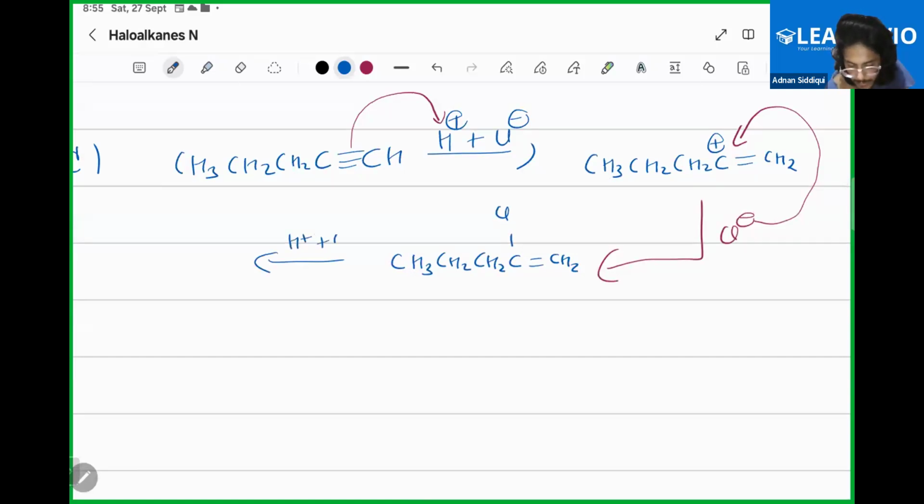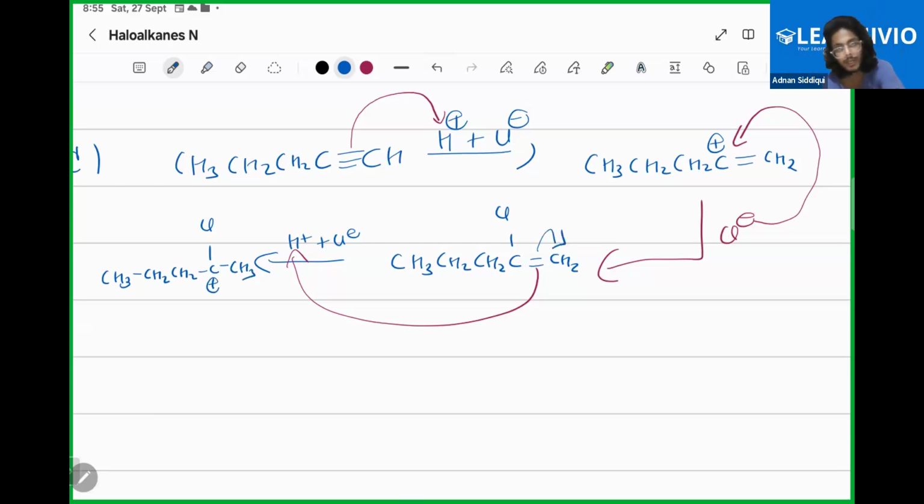H positive plus Cl negative. This double bond will pick that H positive, and by doing it, CH3, CH2, CH2, Cl positive will be here. And now it is going to become a single bond because it is going to attack like this.